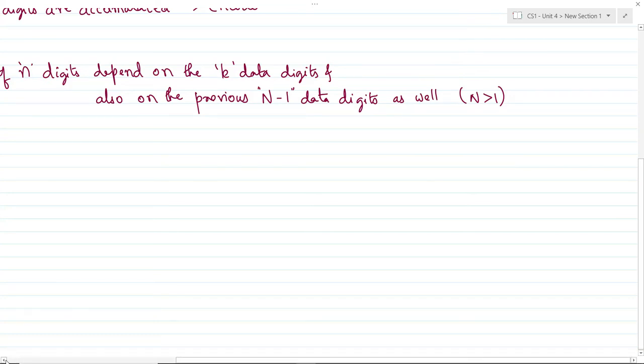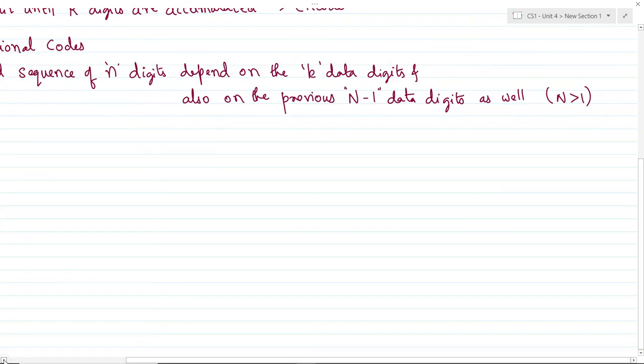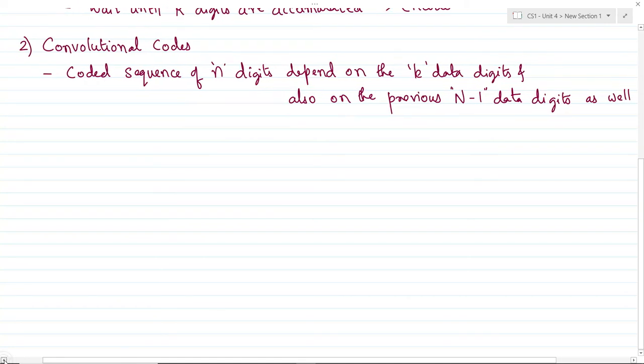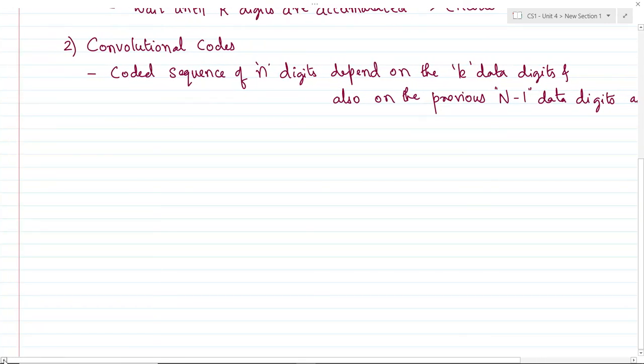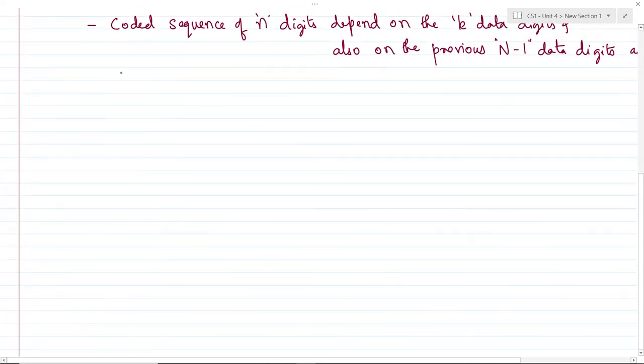So we see that unlike block codes, which depend just on the present sequence of data digits, here it also depends on the previous data digits, and hence we can say this has a memory. Unlike block codes, convolutional codes come with memory.